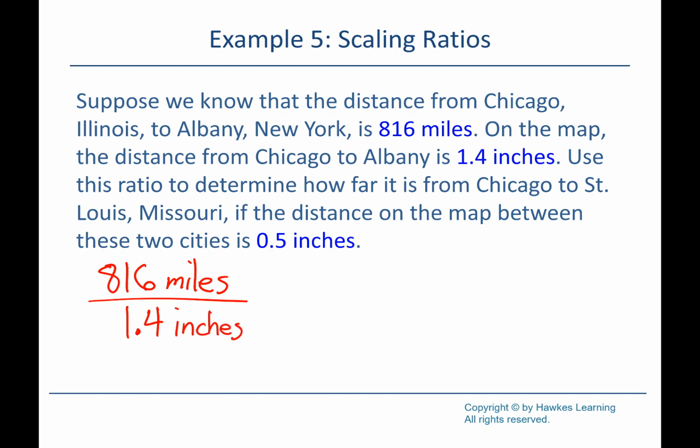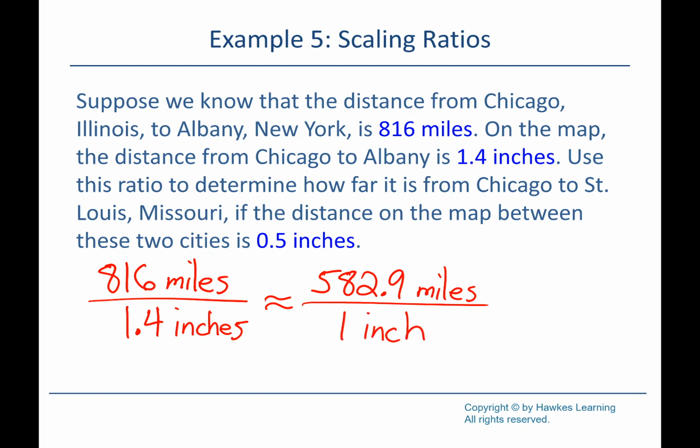And if we want to help ourselves out, we can divide the top and bottom by 1.4. Because if we do that, it'll make the bottom come out to 1. It'll be easier to use in the next part. So if we do that, I'm going to round a little bit here. That tells us that about 582.9 miles is 1 inch on the map.